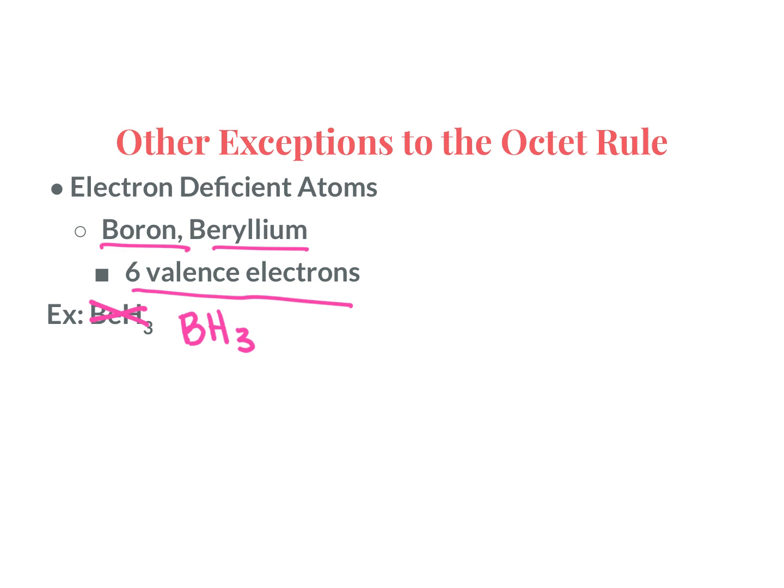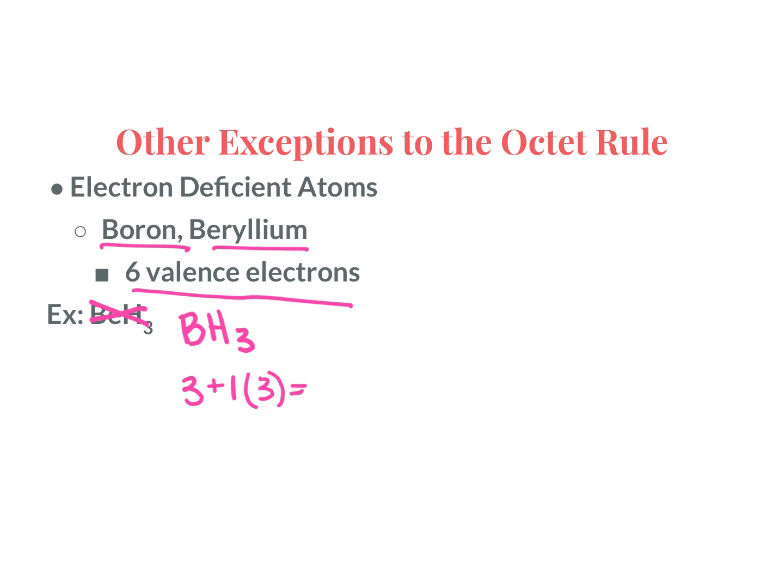All right, so how many valence electrons does boron have? Boron is number 5 up there, but 3 for the column. And how many does hydrogen have? 1 times 3.